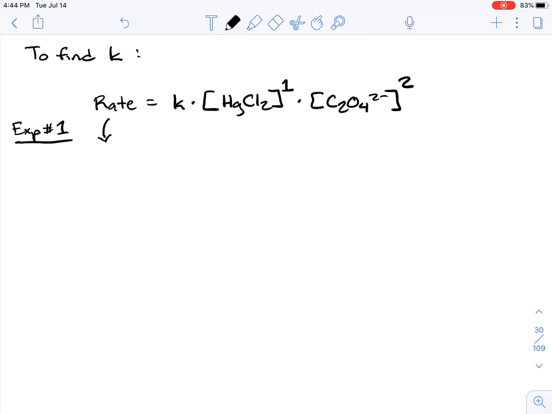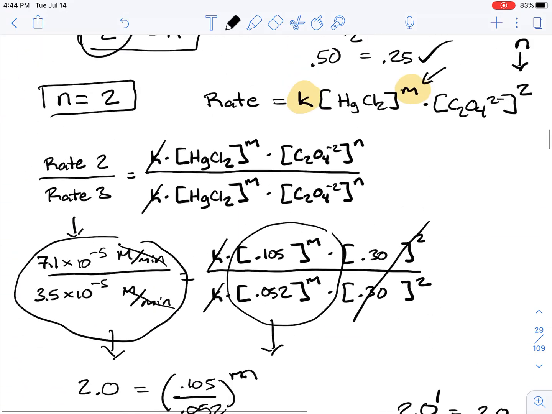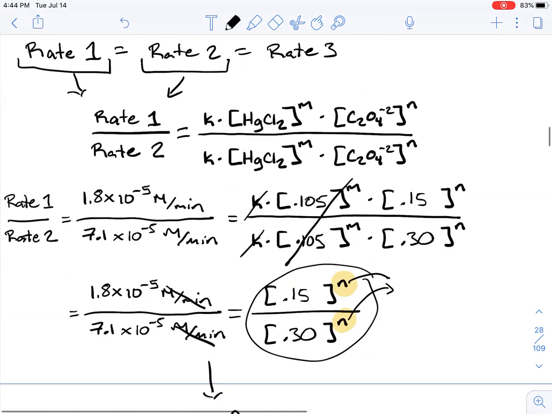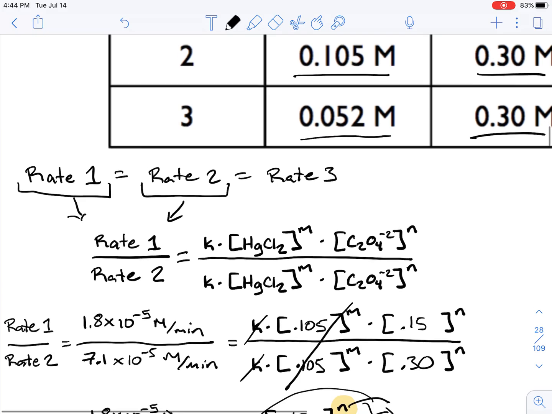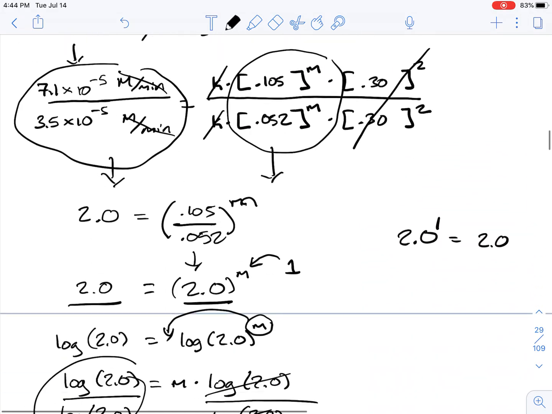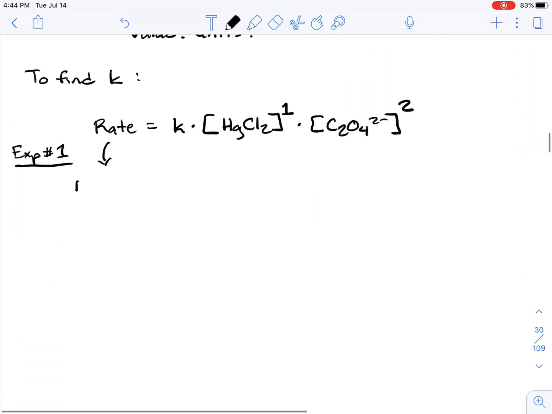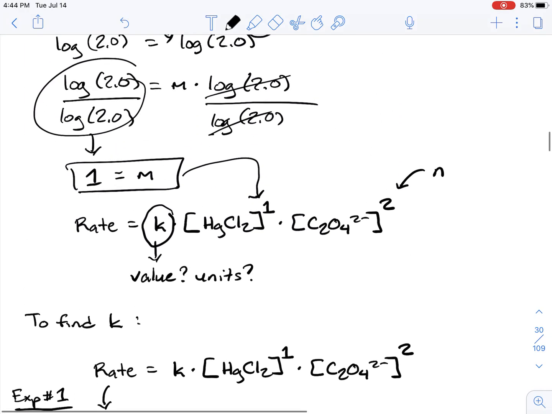It's going to be 1.8 times 10 to the negative 5, I believe. I forget things really easily. So 1.8 times 10 to the negative 5. And this is going to be molarity per minute, equals rate constant k, times this by the concentration of mercury 2 chloride.